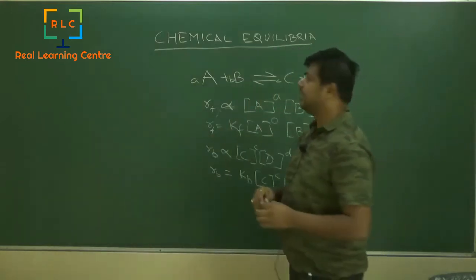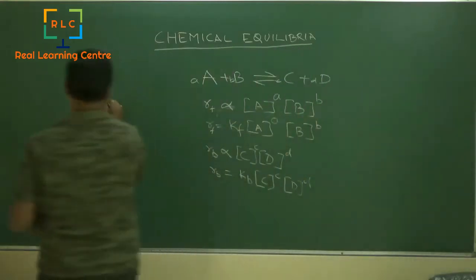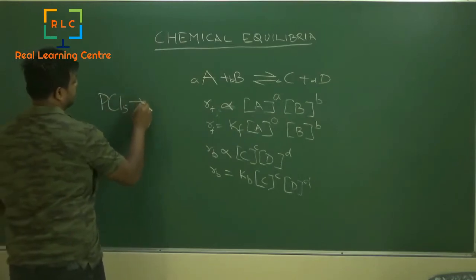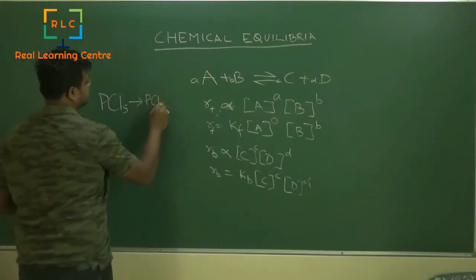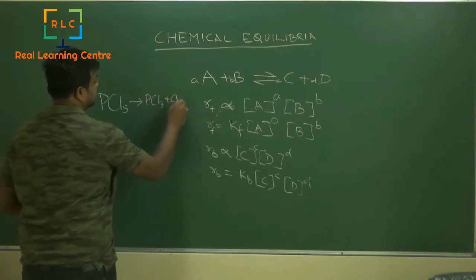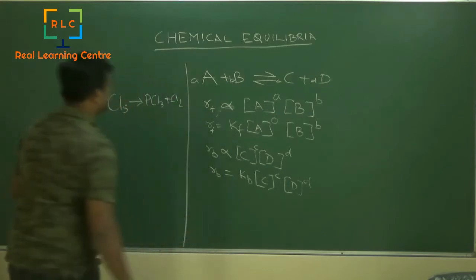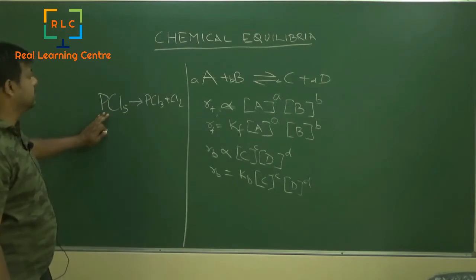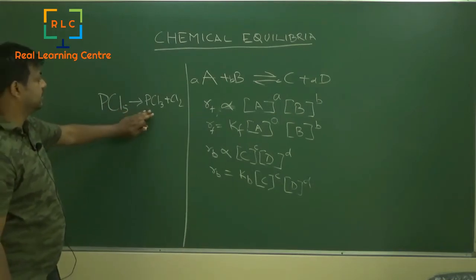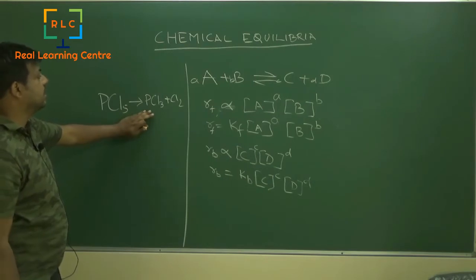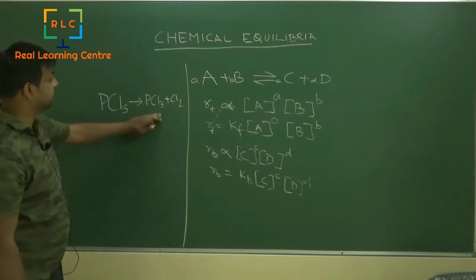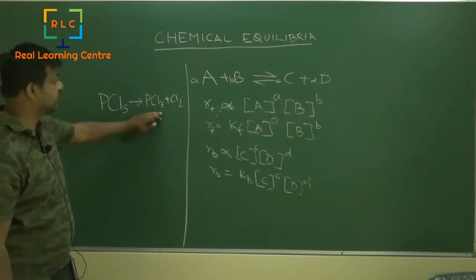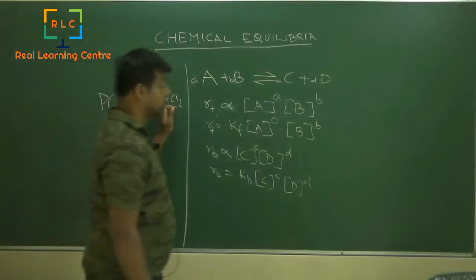Let's look at another example. Say PCl5 disintegrates into PCl3 and Cl2. So this is my reaction. Phosphorus pentachloride gives phosphorus trichloride and chlorine.